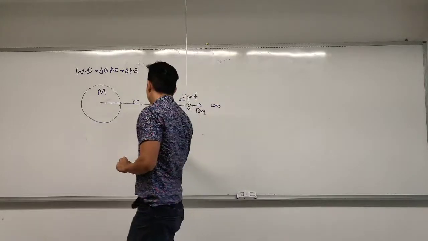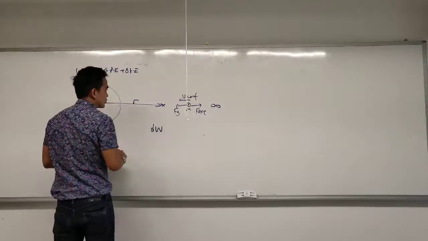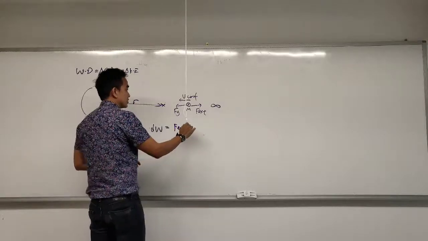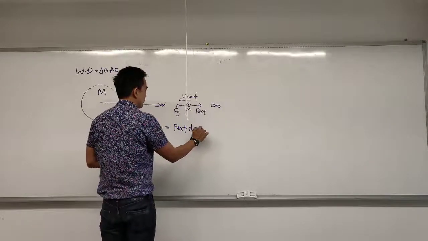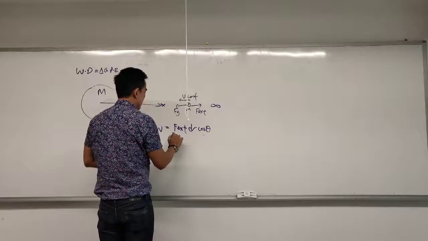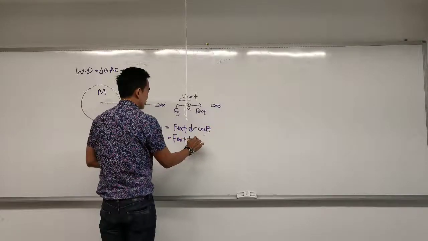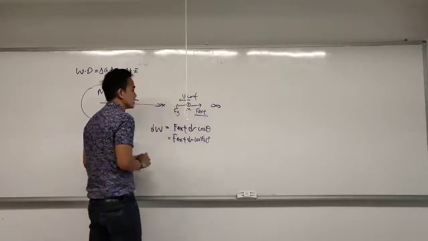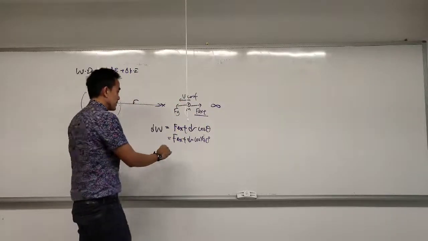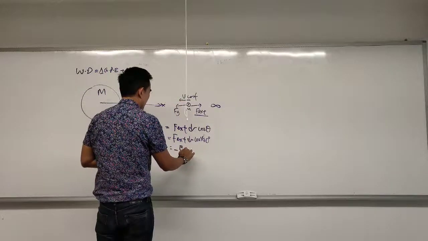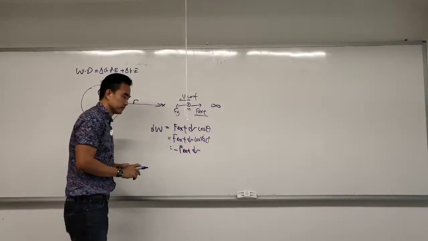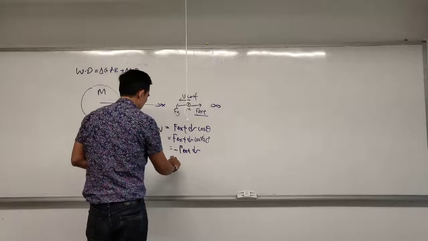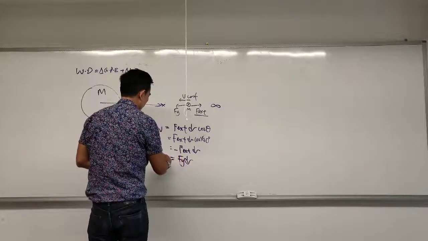And the work done that I do is going to be equal to F external times the small little distance that I move, cosine theta. And the cosine theta over here is going to be cosine 180 degrees, because this force and the distance moved are at 180 degrees, which will give me minus F external dr. However, F external is equal to negative of Fg. So this will give you Fg dr.